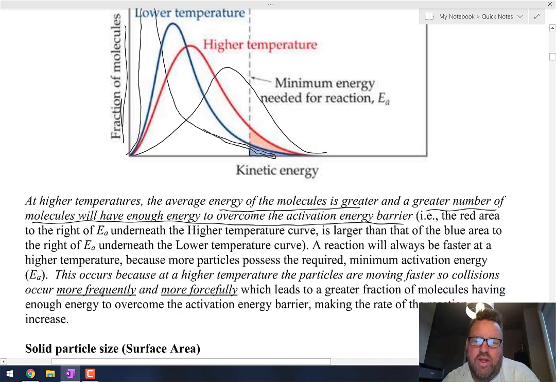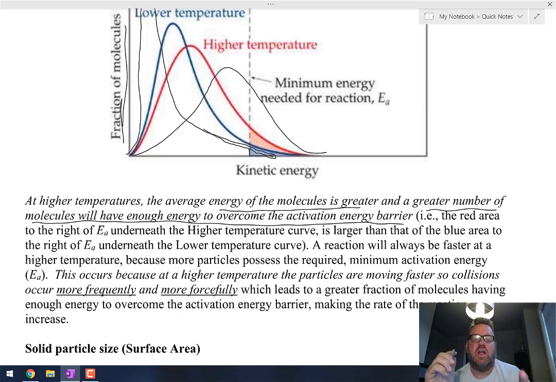Or another way of saying it, the red area to the right of that activation energy is larger than that of the blue area, simply because you've got more energy in those particles. And a reaction will always be faster at a higher temperature because more particles, not all of them, but more particles possess that required minimum activation energy in order to produce the products.